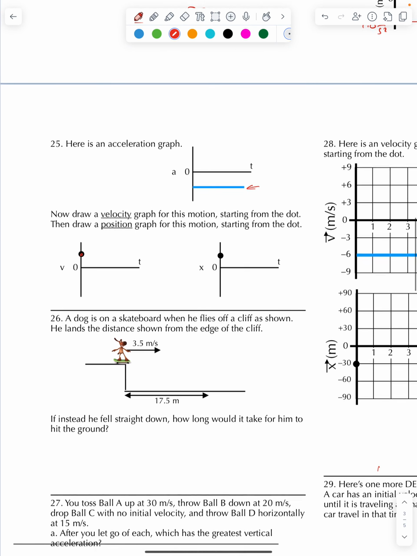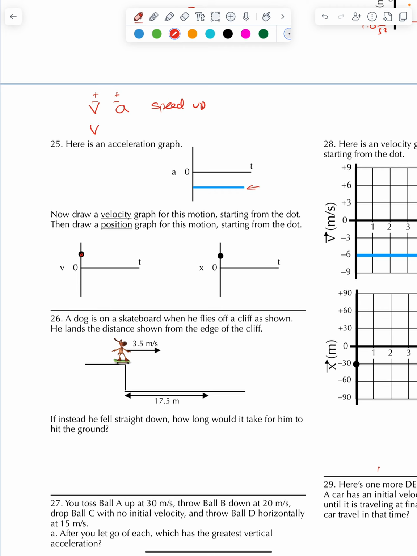But here's what I kind of taught you to learn about: if your current velocity, not the change, and your acceleration have the same sign, like they're both positive or they're both negative, that means you speed up. Sorry about my notation there, that doesn't quite make sense. But if your current velocity and your acceleration are both positive or both negative or both north or both south, that means you speed up.